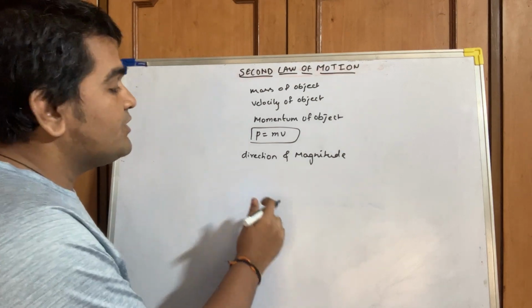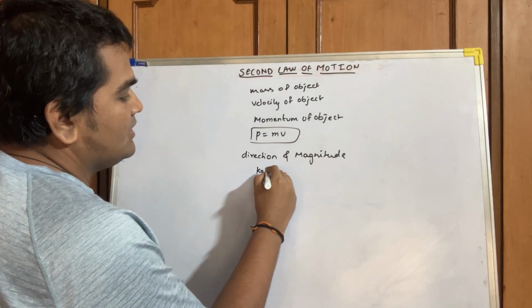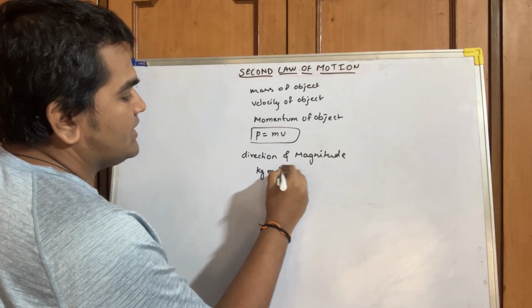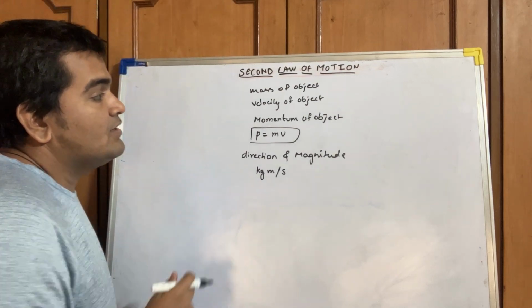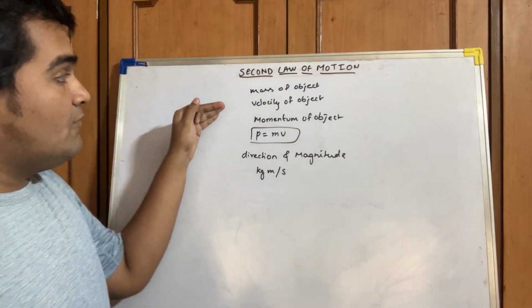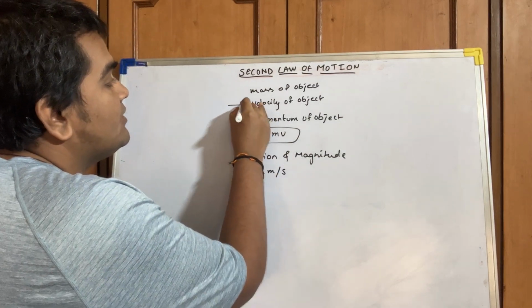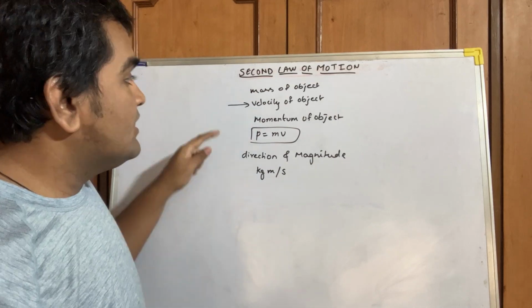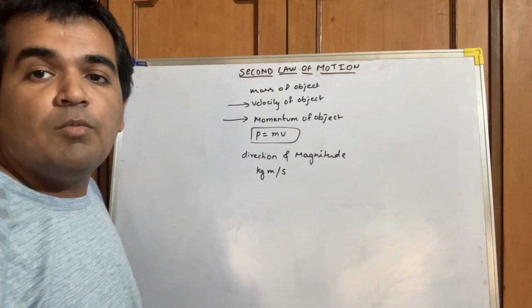The SI unit of momentum is kg meter per second. Now, since the applied force brings change in the velocity of the object, it also brings the change in momentum.